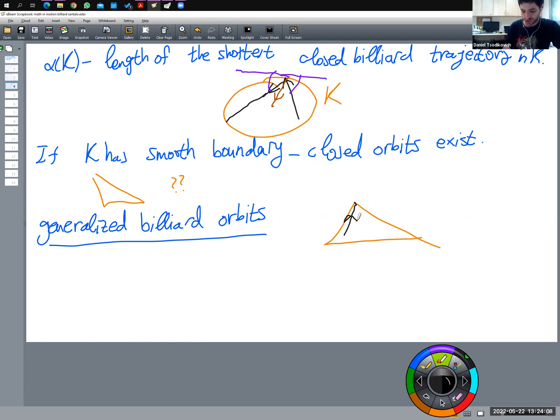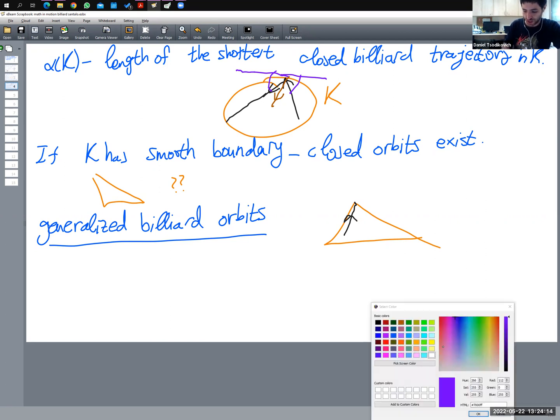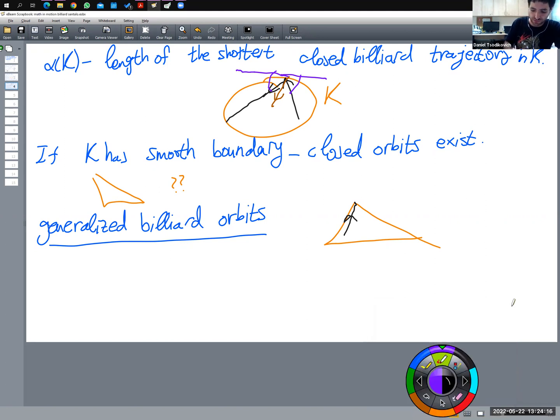But in the generalized definition, we want to find one supporting hyperplane to K at this point. So for example, we take this hyperplane, and then we make the same definition, that the angle of incidence is equal to the angle of return.